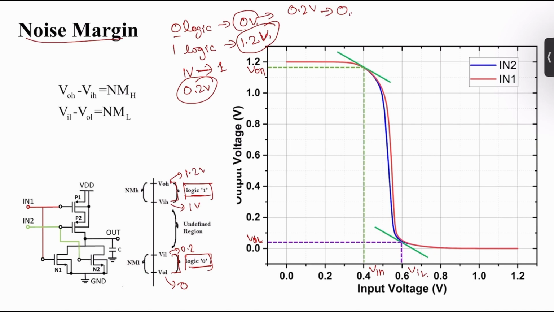We have to calculate VOH minus VIH, and we will get the noise margin high, and from this we can calculate VIL and VOL. So we will get the noise margin for low and the noise margin for high. Like this we have to calculate noise margin.